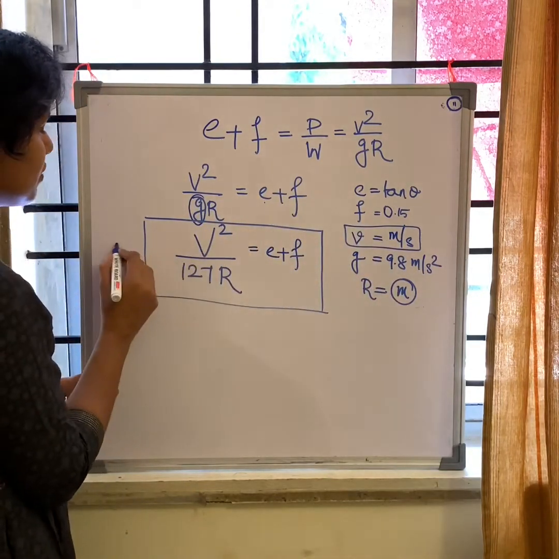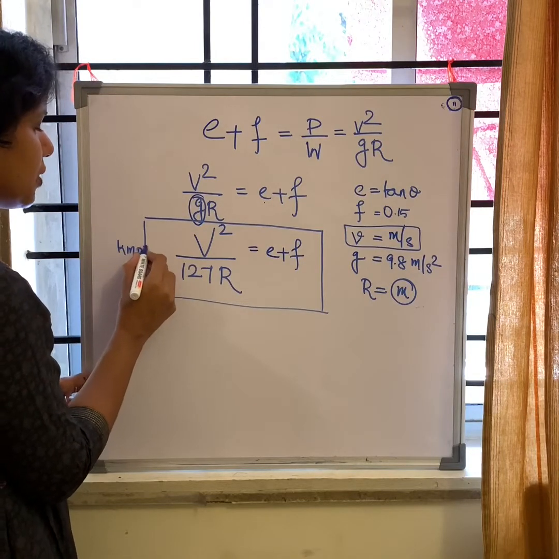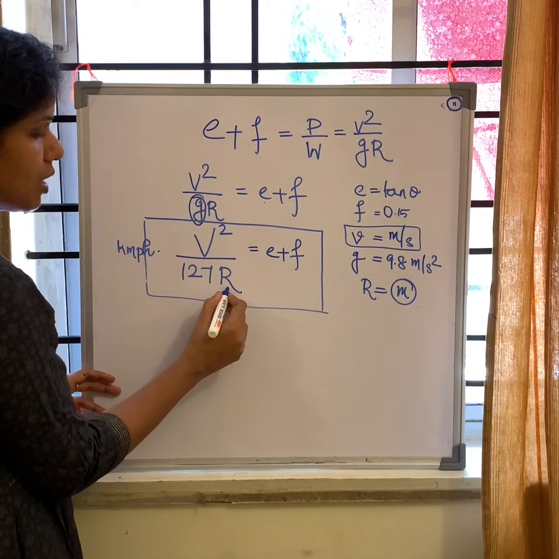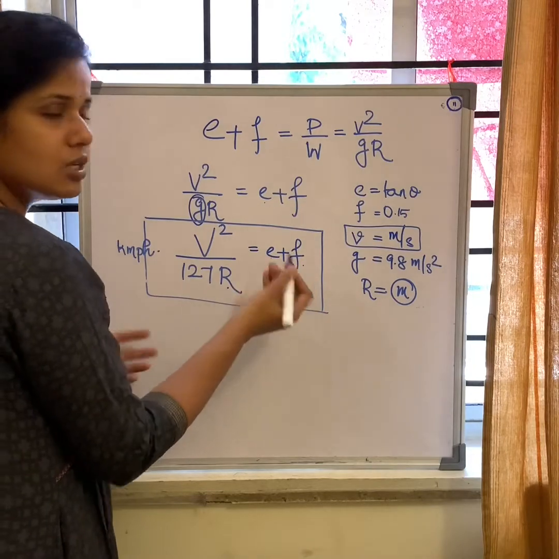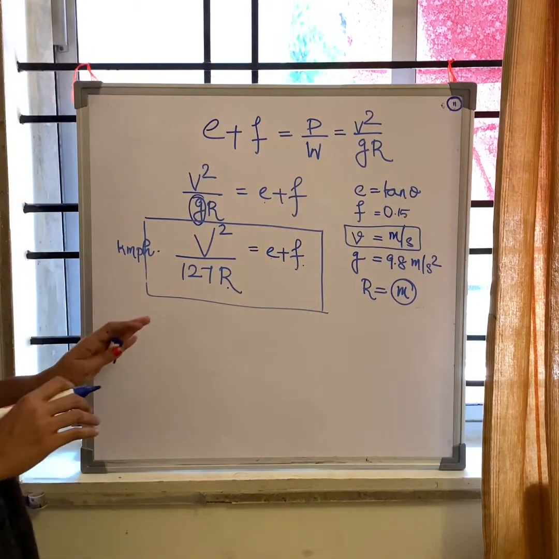So here this V is expressed in kilometer per hour. Remaining terminologies are the same. R is in meter, coefficient of friction, and rate of super elevation E.